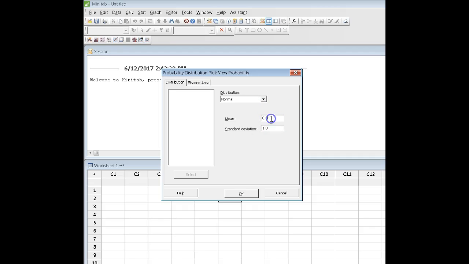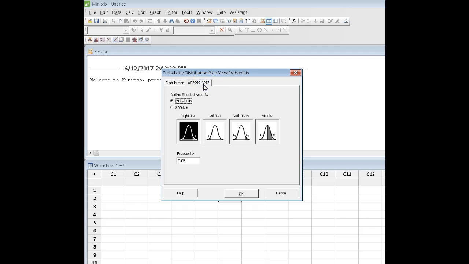The default setting is that Minitab will use the standard normal distribution, where the mean is 0 and the standard deviation is 1. If I wanted to answer this question about the TOEFL scores, I could use these settings, and if I did, I would go into shaded area and give Minitab the Z-score.